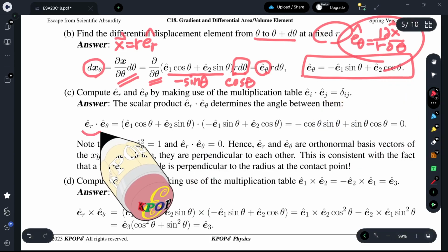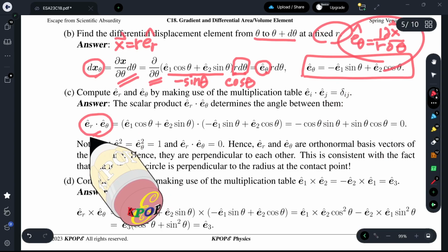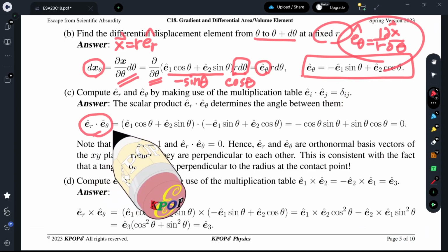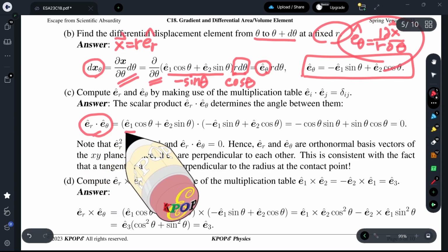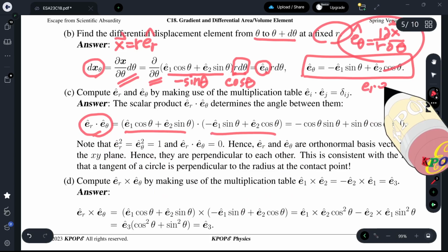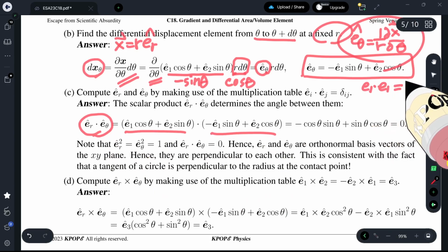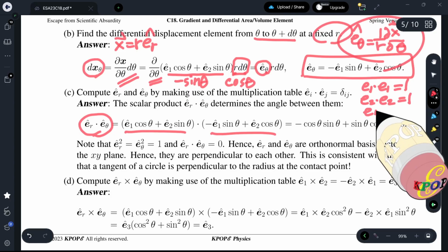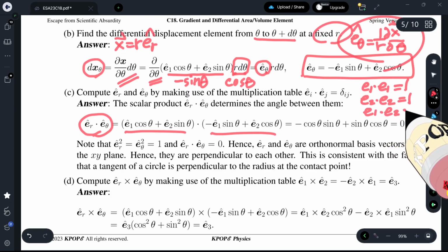Now, we evaluate the scalar product between e r and e theta. The scalar product gives only 1 with 1 and 2 with 2 terms, and we know e1 dot e2 equals 0 because they are perpendicular to each other.